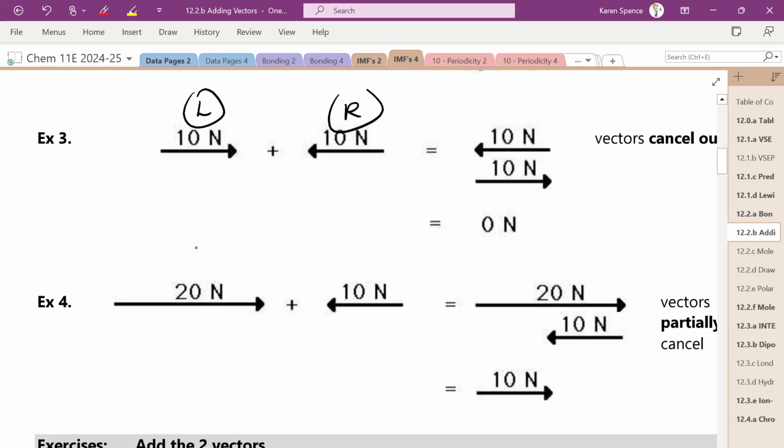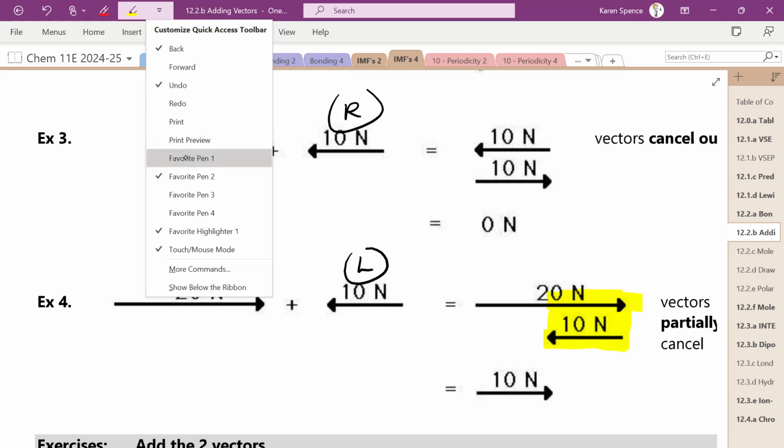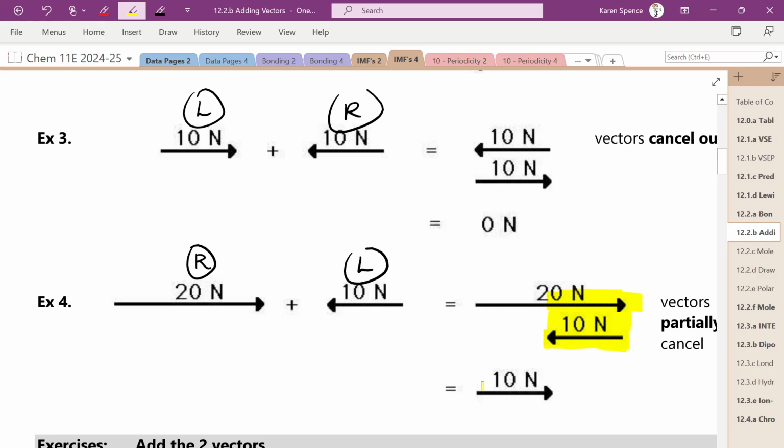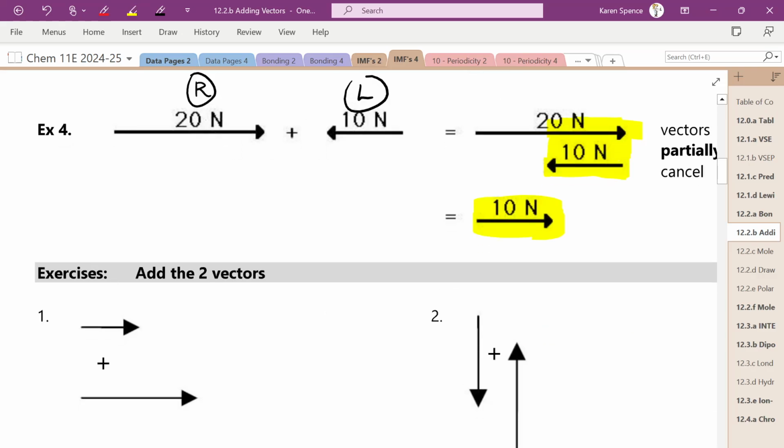And if we have 20 pushing right and 10 pushing left, this portion cancels out. 10 newtons cancels out, and so you are left with 10 newtons to the right. Is that good? Okay.